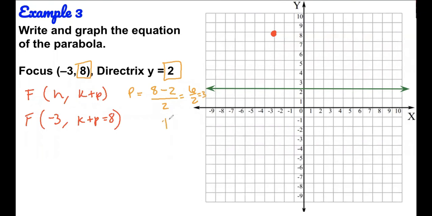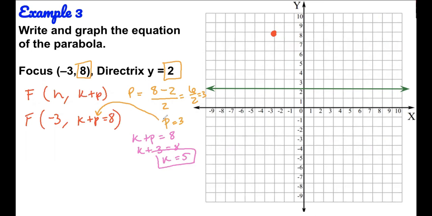So in this case, my P is 3. All right, so from here, I'm going to go back and substitute and solve for K. K plus P equals 8. K plus 3 equals 8. I know that K is going to equal 5.